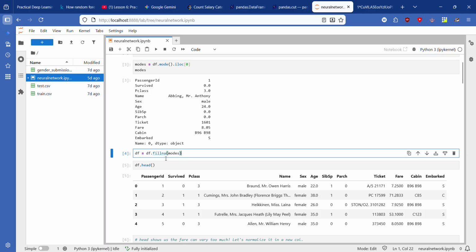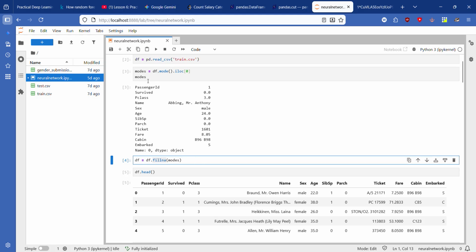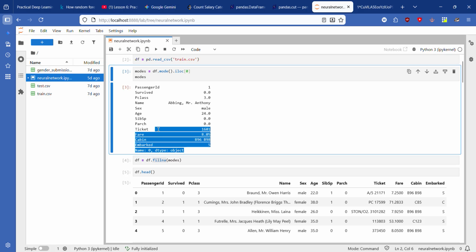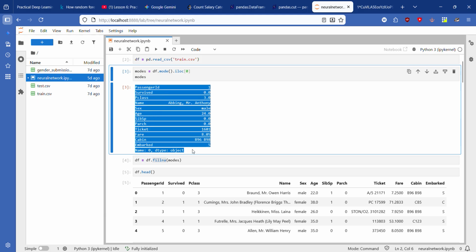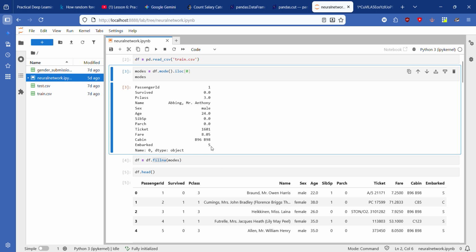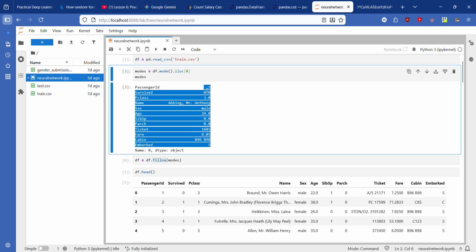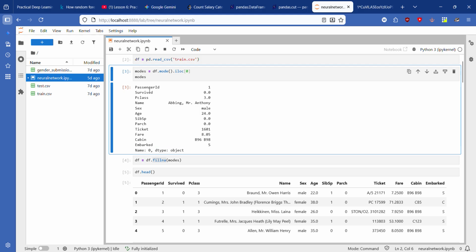And df.fillna, think of it literally as a function to fill in the missing blanks with what we stored here in modes. And as you see here, we stored this, I guess you could think of it as a row, even though it doesn't look like a row, but think of the unique information as the row itself, and then these labels as indices for that row.